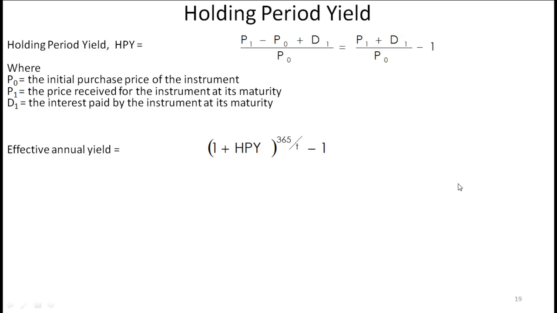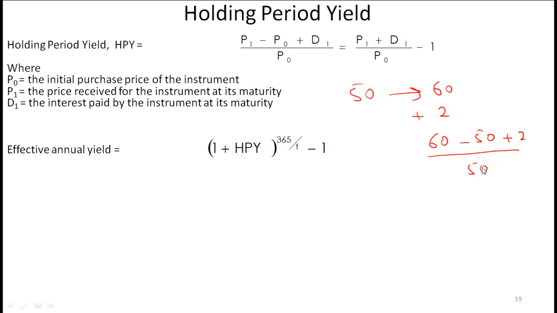Holding period return should be familiar by now. If you take the example of a simple stock, let's say you buy a stock for 50 and it becomes $60 after a year, plus you get a dividend of $2. What's the holding period return? The holding period return is simply P1 minus P0, which is 60 minus 50, plus the dividend of 2, divided by the initial price, which was 50.